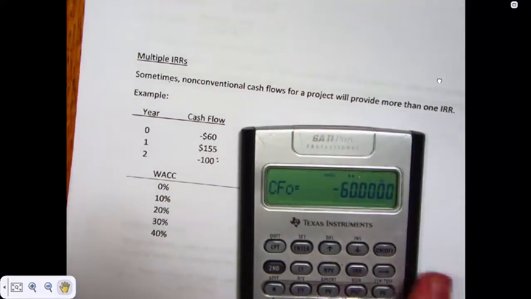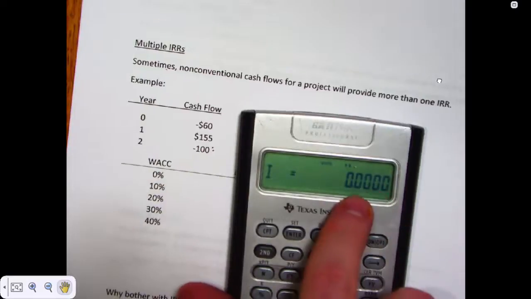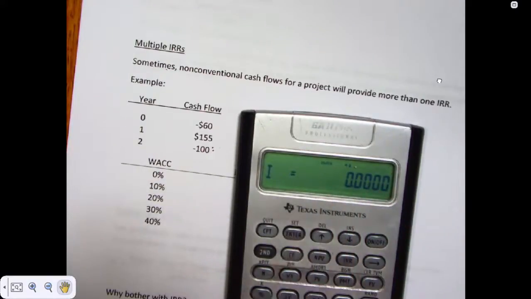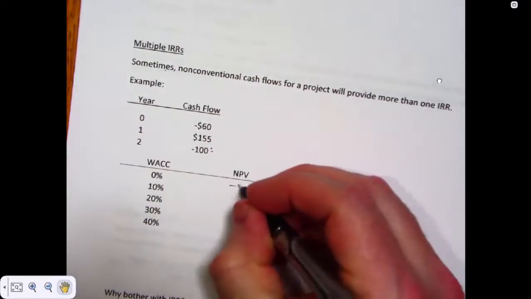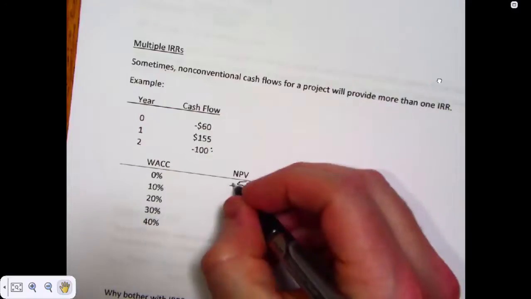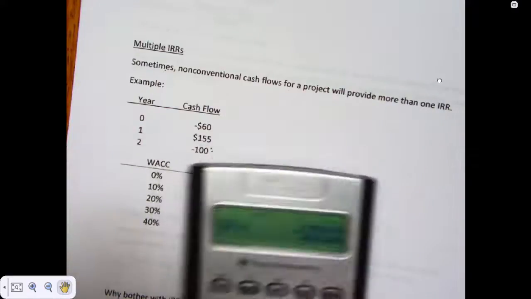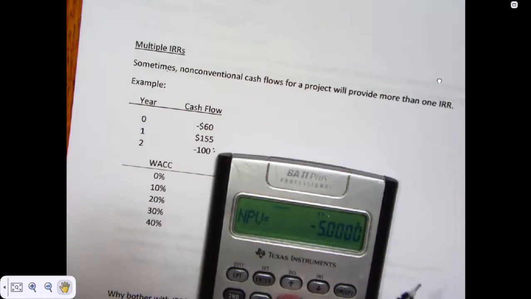Now I'm going to go to NPV. So if my interest rate or my weighted average cost of capital is 0%, my NPV is negative 5. Wouldn't want to accept it there. At 10%, I'm going to calculate it, negative 1.74.